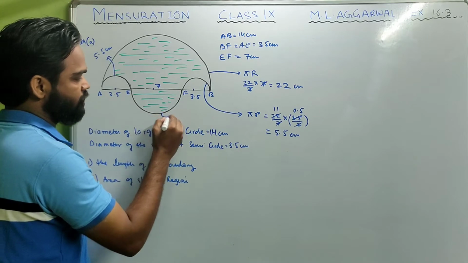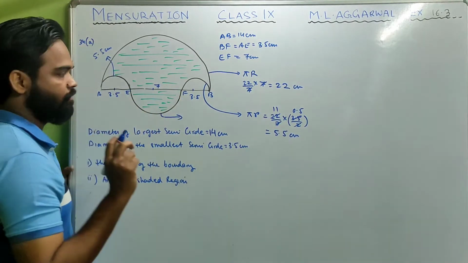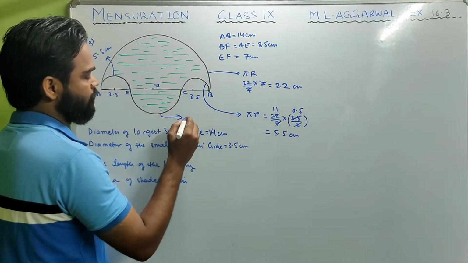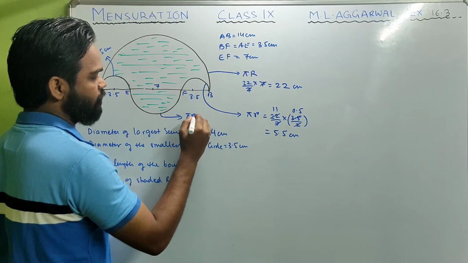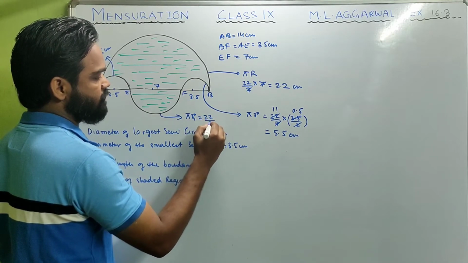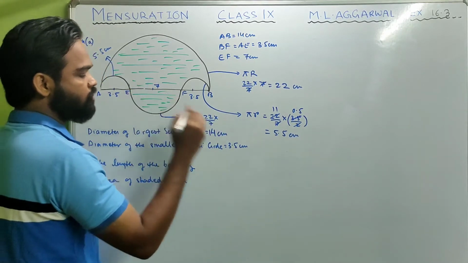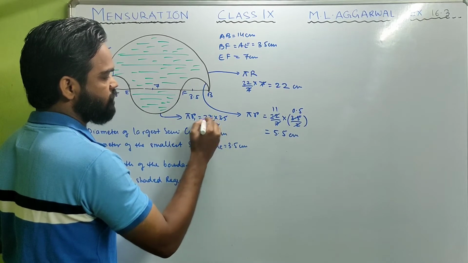Okay, and this region, where the diameter is 7, the circumference will be pi r, r1 suppose, so that's 22 by 7 into the radius 3.5, so that's 2 times, that's 11.